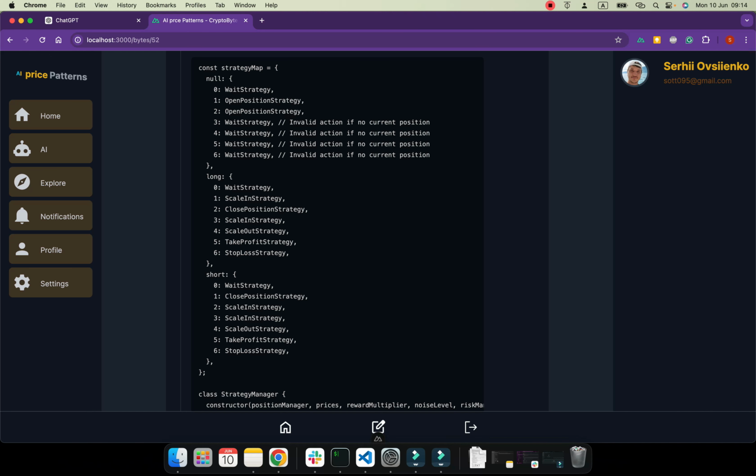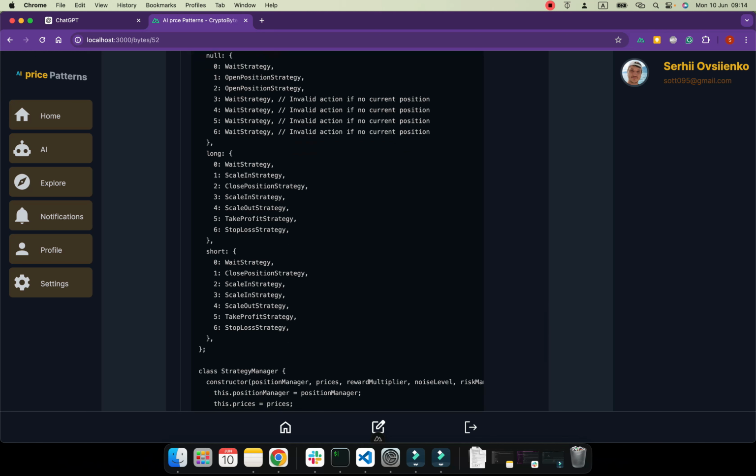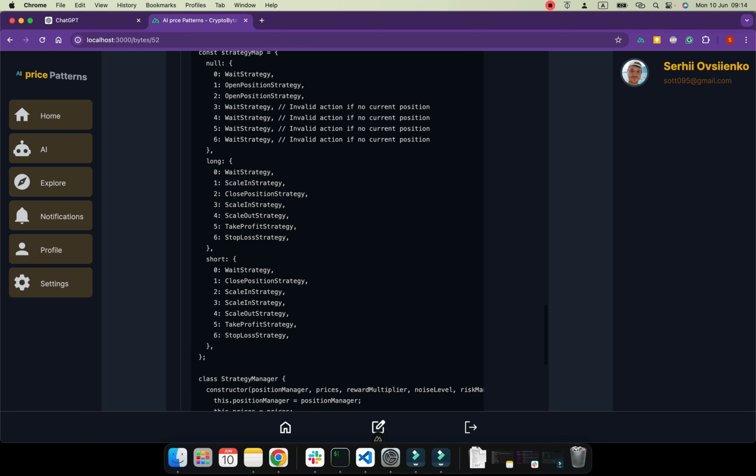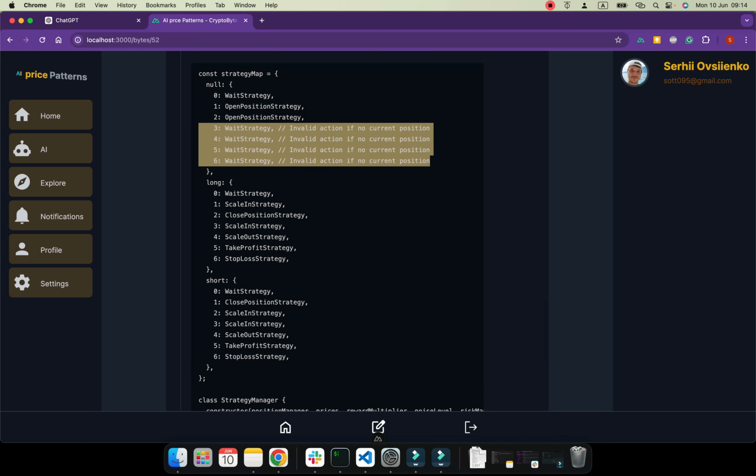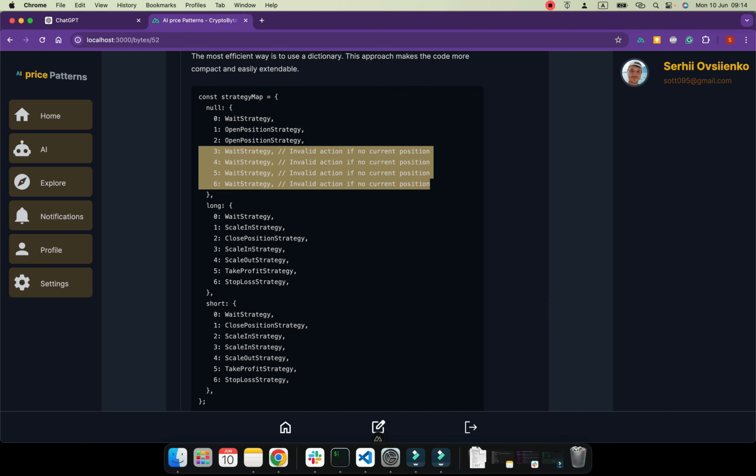Yeah, this class decides to open long position or short, depending on actions. But if I have another action, it means I'm going to use wait, yeah, because we haven't another available actions.